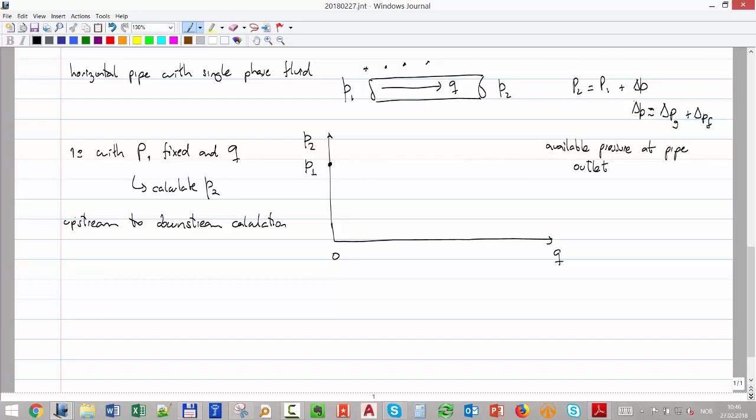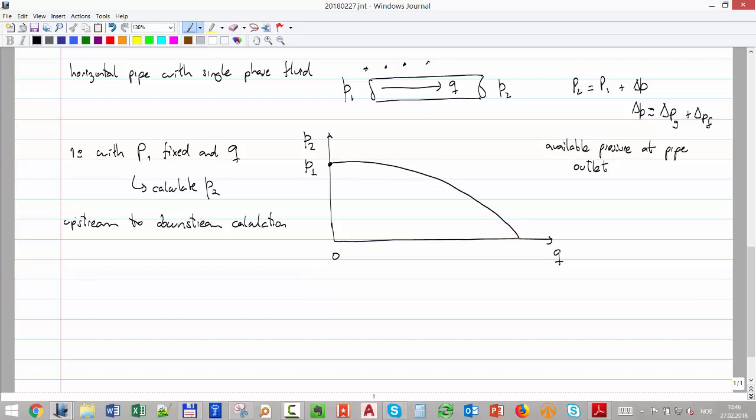Here the elevation is the same, so the difference in this component is just 0, but the friction, when you start having a rate, becomes significant, and then P2 will always be lower than P1. So the curve, if you believe me, goes something like that.